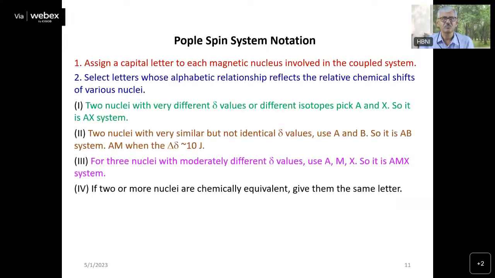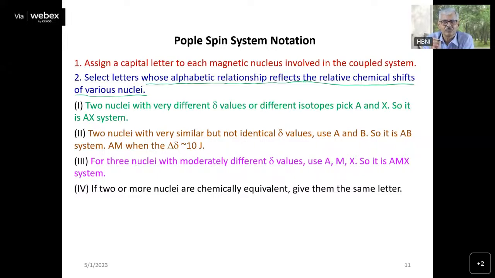Then how do we select the letters? The alphabetical relationship reflects the relative chemical shifts of various nuclei. That means if you say AB, these two nuclei have chemical shifts that are very close. If you put AM, the chemical shifts are in between, and if you put AX, they will be quite far away.